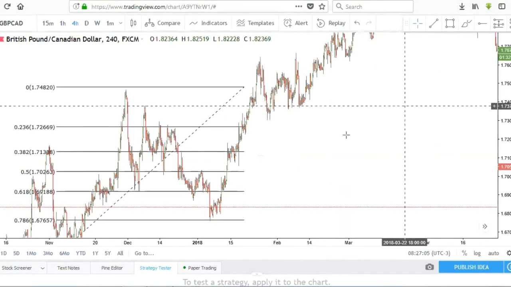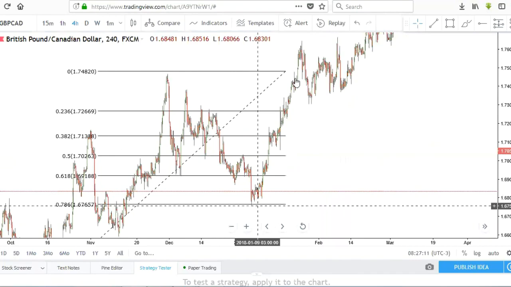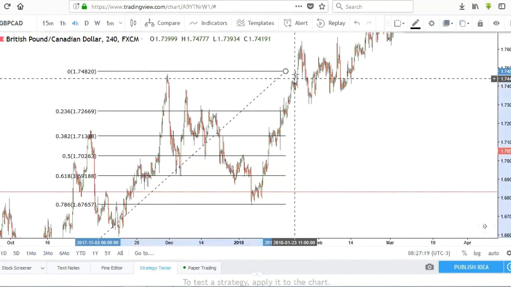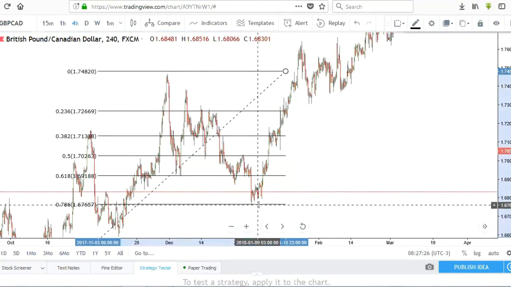Let's see how many pips it actually went up from the 78.6. Let me use this measure tool, from the 78.6 somewhere here up until here.